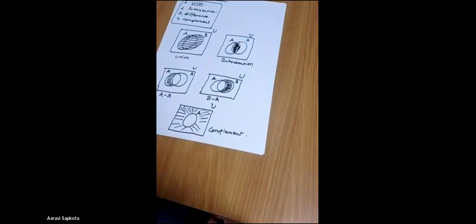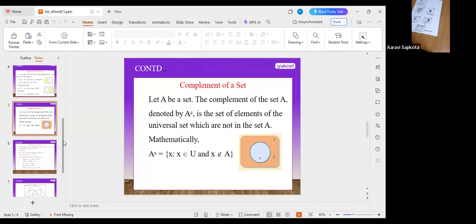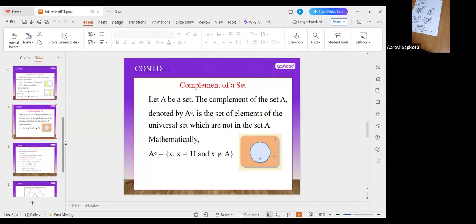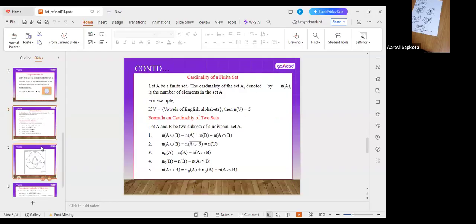So please draw these figures in your exercise book. Till then, I will share the slide once again. Okay, are you finished? Take your time.